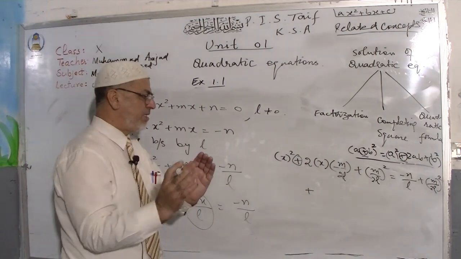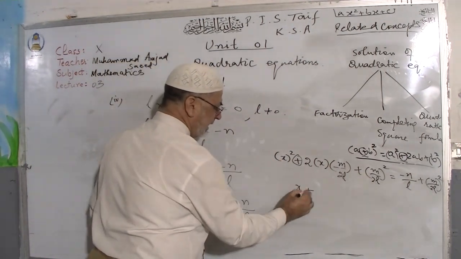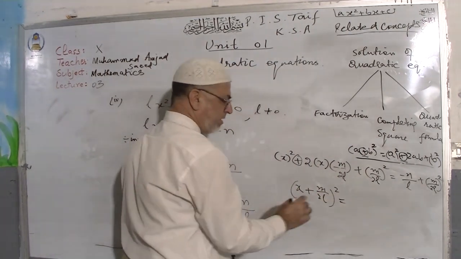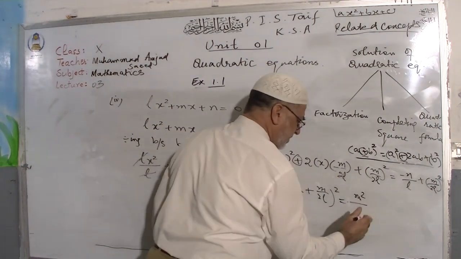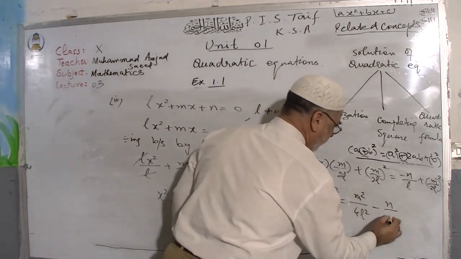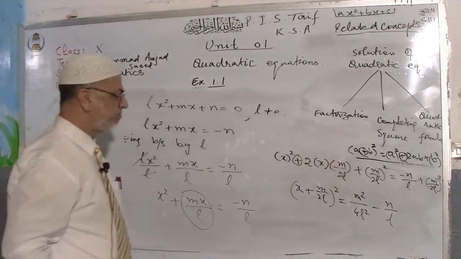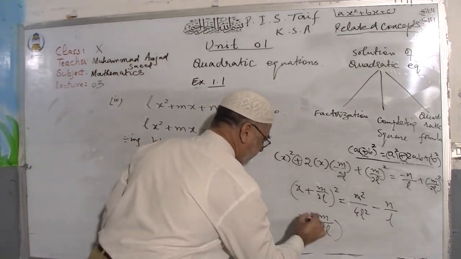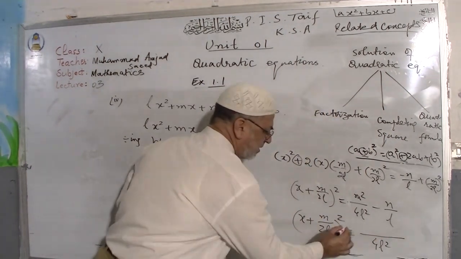So what are the terms a and b inside the square? X plus m over 2l whole square. Here is m square. You can write down this positive term first: m square over 4l square minus n over l, x plus m over 2l whole square. Your LCM is 4l square.